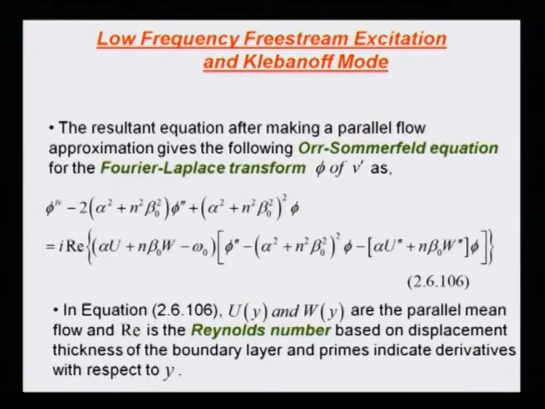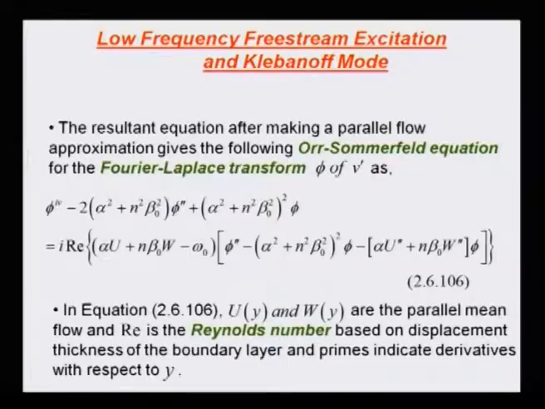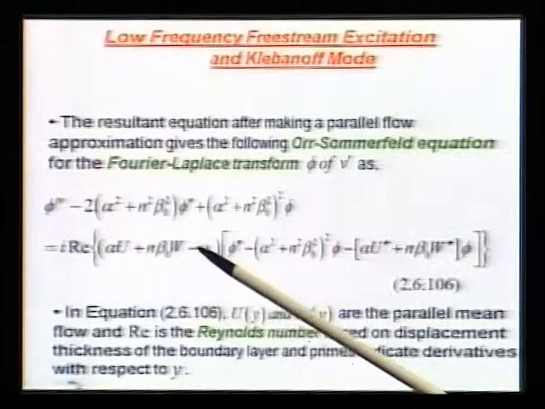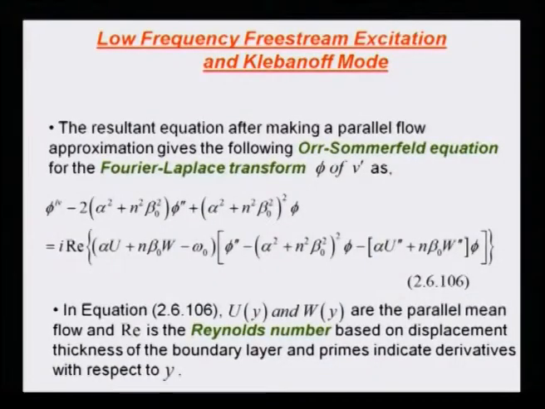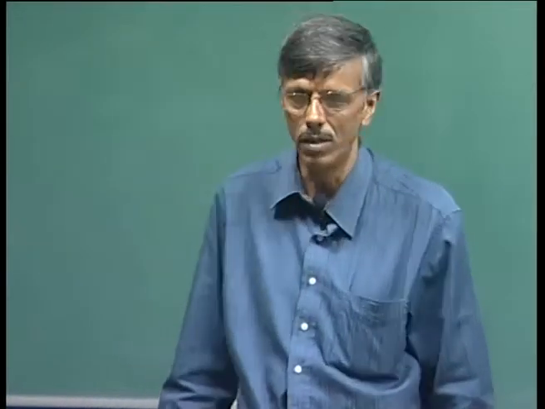So, what have you done? You go through the same exercise. Instead of saying the disturbance field is 2-dimensional, you are talking about a 3-dimensional disturbance field. Okay? And then your mean flow has, let us say, 2 components, capital U and capital W. So, you are talking about a formulation here where the mean flow also could be 3-dimensional.